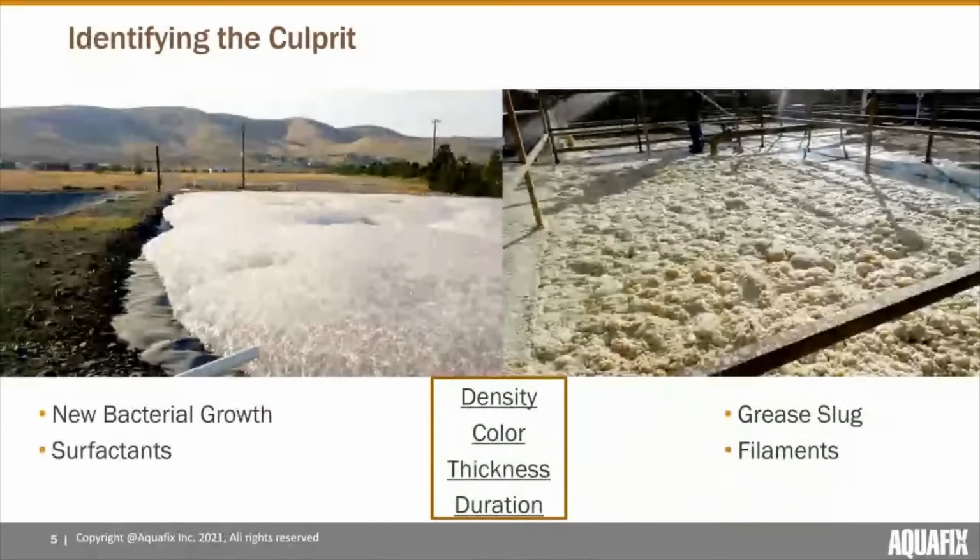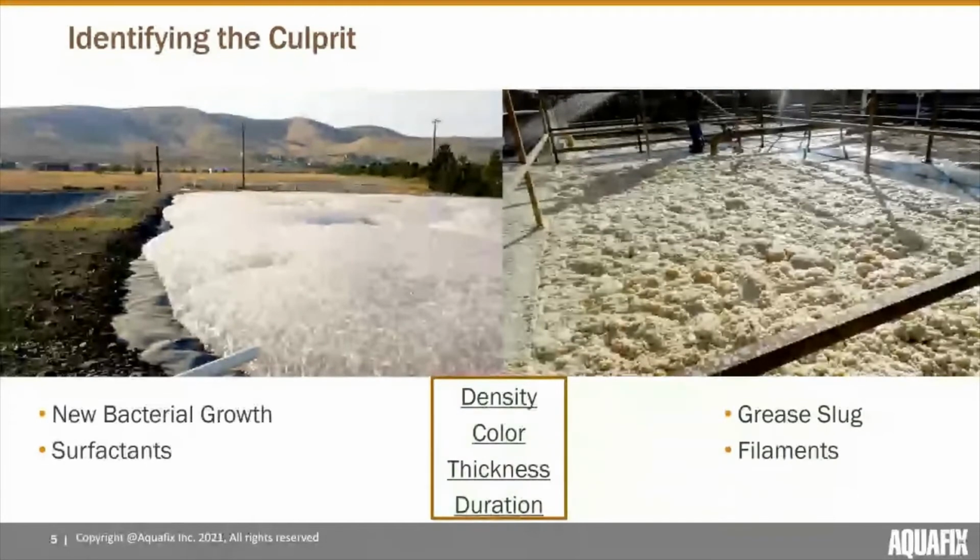Starting out, you'll see some foam on your site, and then you have to wonder, all right, is this a filamentous foam? Is it a surfactant foam? Depending on how you handle each of them, it may result in dramatically better results, or you can actually make the problem worse. So you have to be a little careful. On the left here, you have this white fluffy foam. That is pretty typical of a surfactant or a young sludge age foam. Both of these kind of operate similarly.